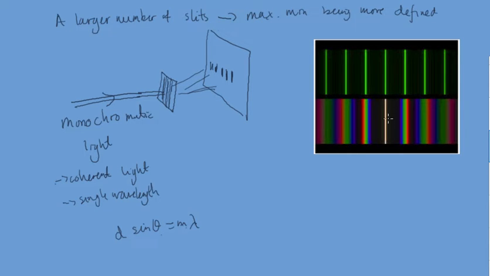The central maximum, m equals 0, is white light, because when it comes in here it all gets concentrated on that single point, but in these further out patterns, the light gets split up. Similarly, if you were to put the light through a prism, a diffraction grating works in a very similar way to a prism, in that it can break up white light into its constituent wavelengths and create these beautiful effects.